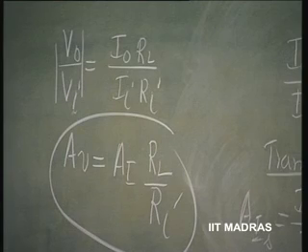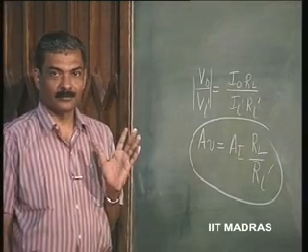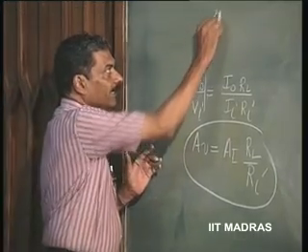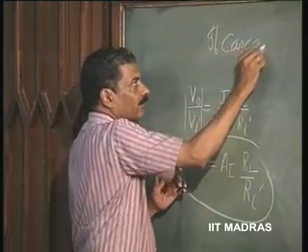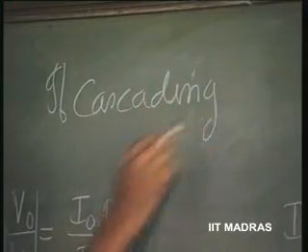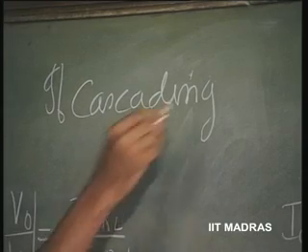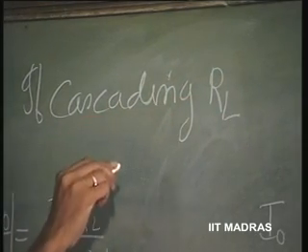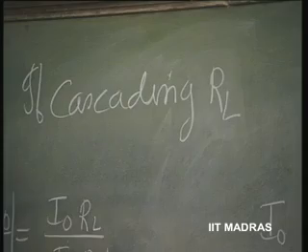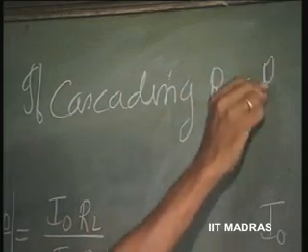So, suppose I am cascading. At the cascading point, RL is equal to Ri.